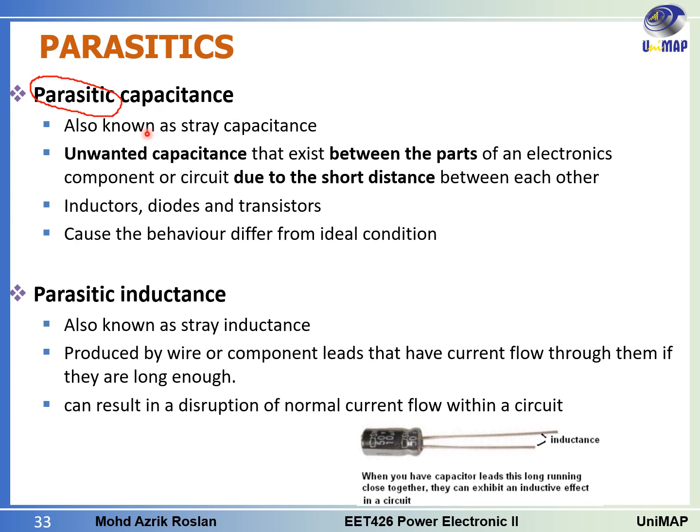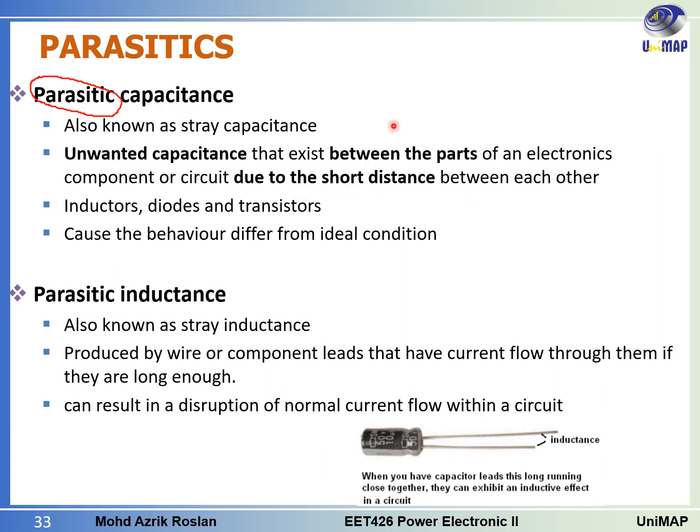So this is not a physical component, a capacitor that you put in the circuit. This is the capacitance that exists between the parts of electronic components due to the short distance between each other.